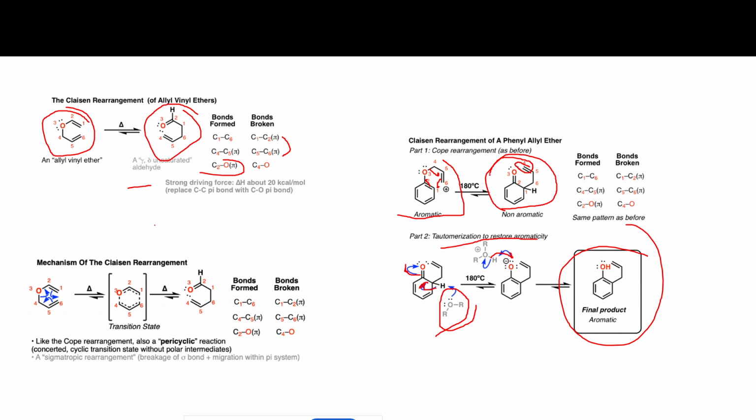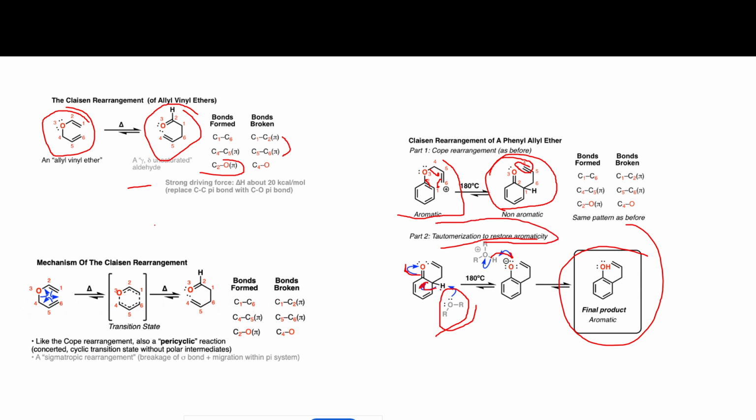So somewhere the electron density is high and somewhere it is low, and no molecule or system likes this. So how is the aromaticity restored? The restoration of aromaticity happens by tautomerization.